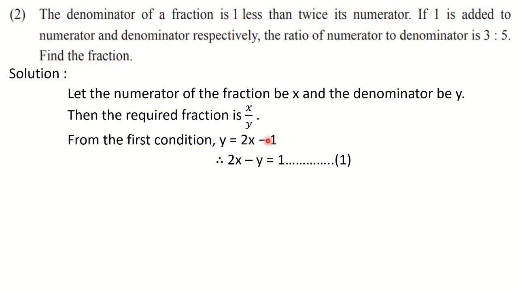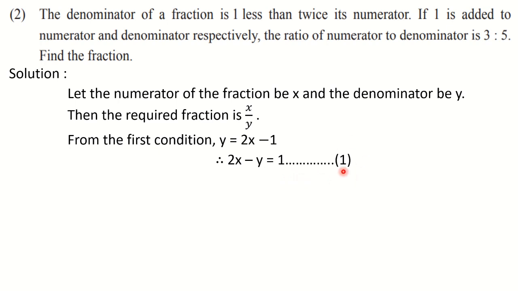See, this minus 1 shifted to this side became plus. And plus y shifted to this side became minus. Okay. So we have shifted like this, but while writing, we have written the equation by changing the sides because this is our standard form. So we got the first equation as 2x minus y is equal to 1. This is our equation number 1.